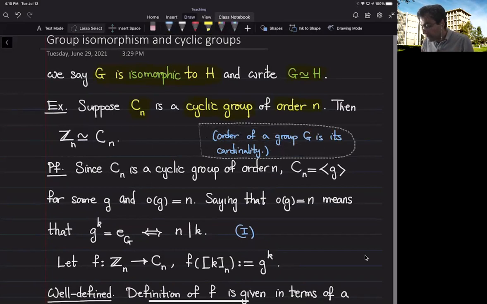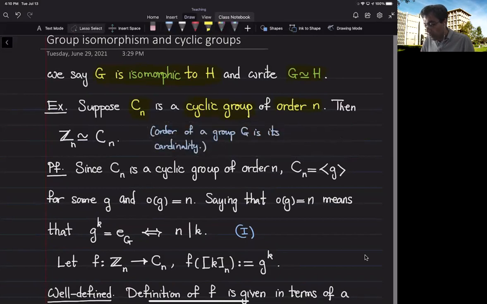We proved in the previous video, and let's recall this, this is also important, the order of an element, if it's finite. The definition of the order n of an element g is the following: g to some integer power k is the neutral element precisely when n divides k. And then we showed that in that case, the order of the group generated by g is equal to the order of the element.